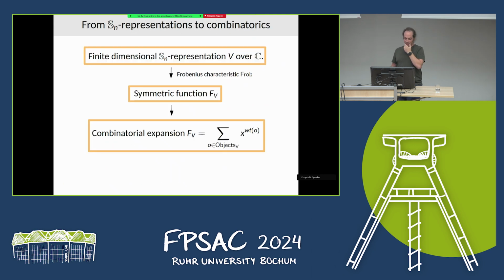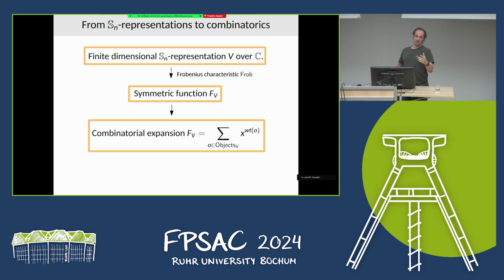Okay, so where does this come from? As I said, I'm not a specialist, but in this covariant spaces stuff, what people do in general is this. We have, more generally, a finite dimensional representation of Sn. And then you have this magical Frobenius map, this morphism that sends your representation to a certain symmetric function.